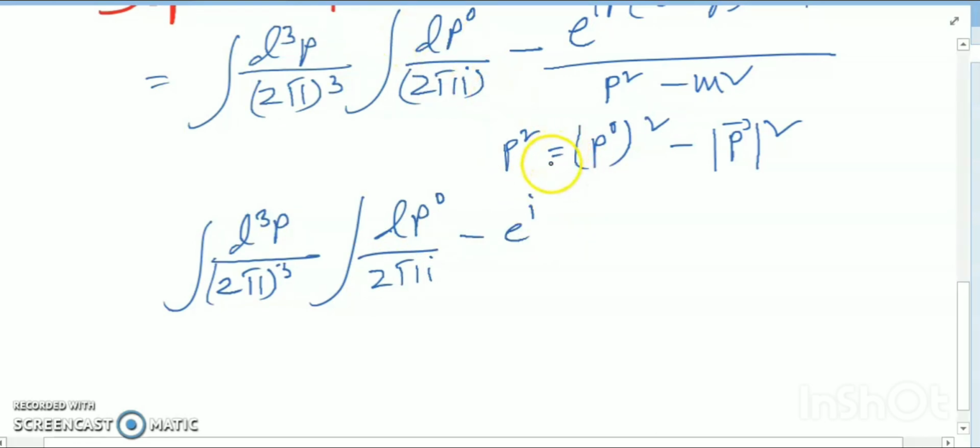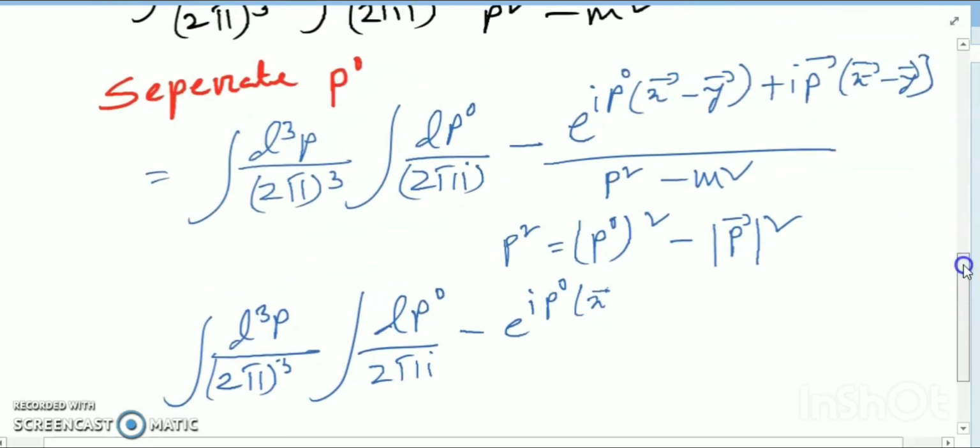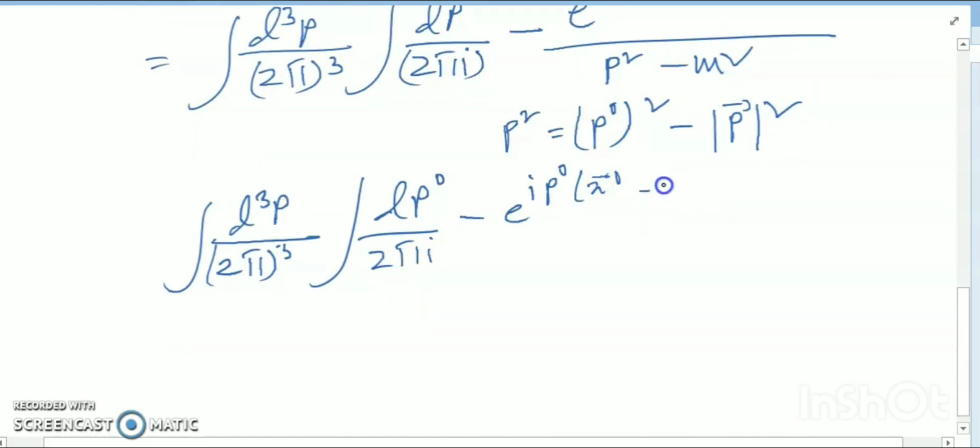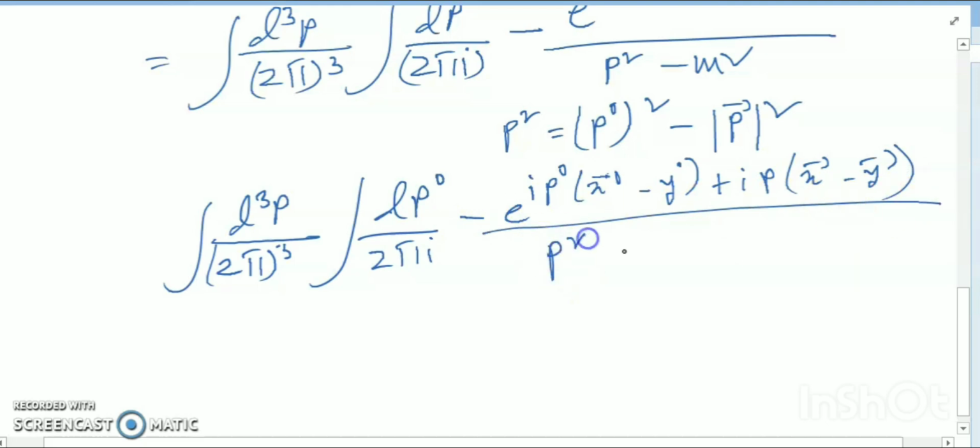Now friends, apply this value. So I get e to the power p0 x0, which I can write as x0 minus y0, and plus ip into x minus y, divided by p0 square minus p square minus m square.